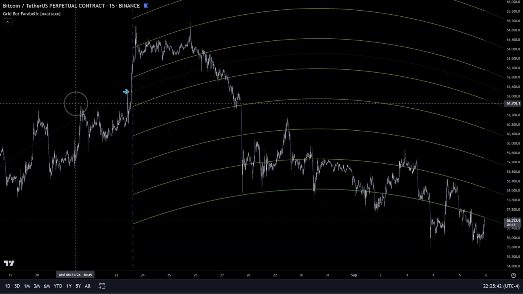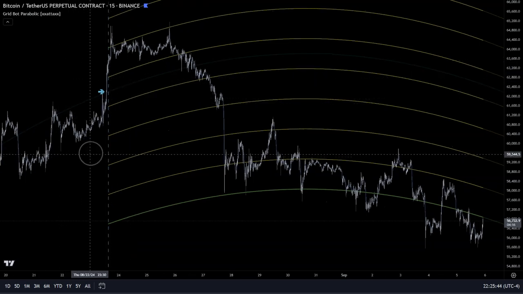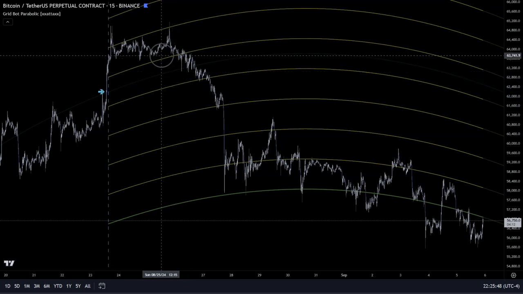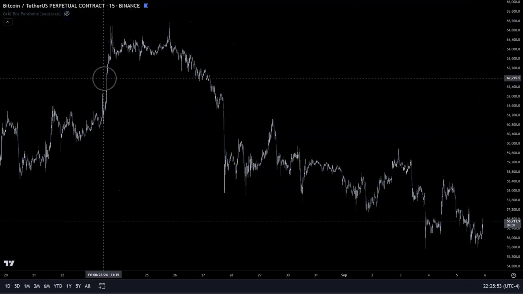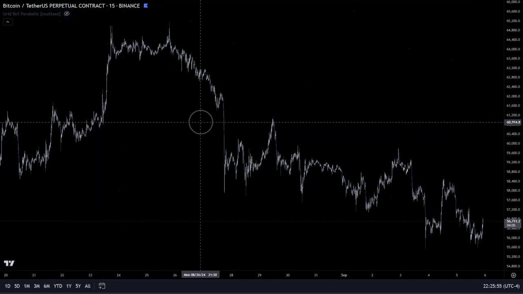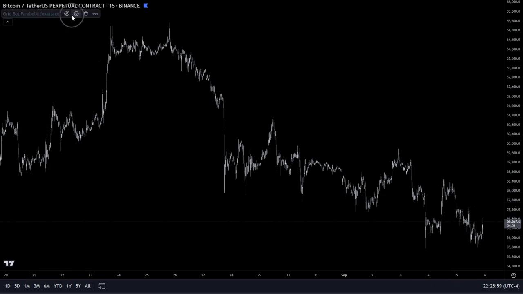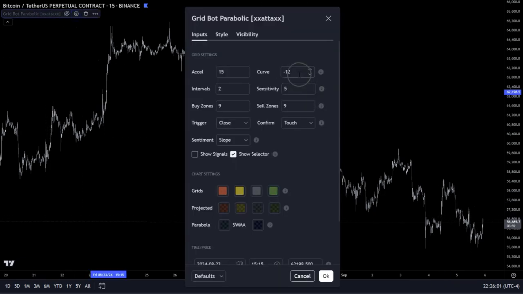While we're here, I noticed that obviously this is not the correct shape, but perhaps we don't want a parabolic shape. Perhaps we see here, I'll hide this for a second, a linear shape, just a downward tilting grid. So let's change this grid, turn the curve off, and change the acceleration to a negative acceleration. I'm just guessing at 12.